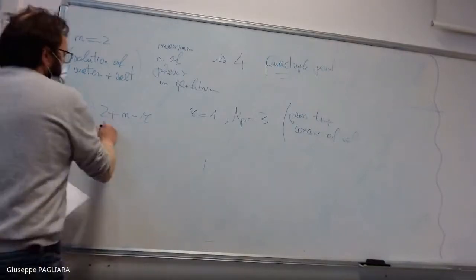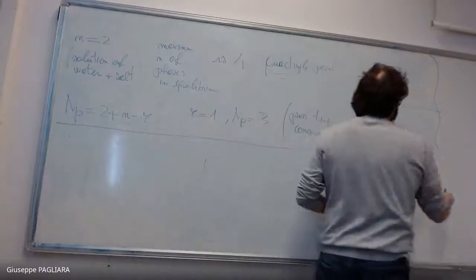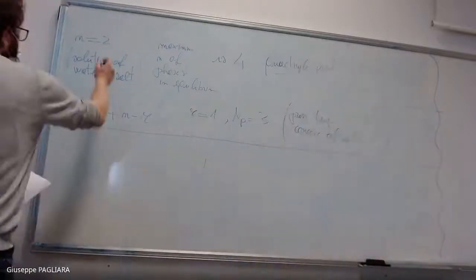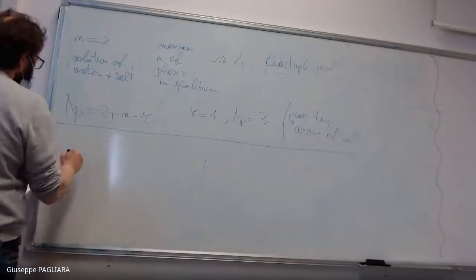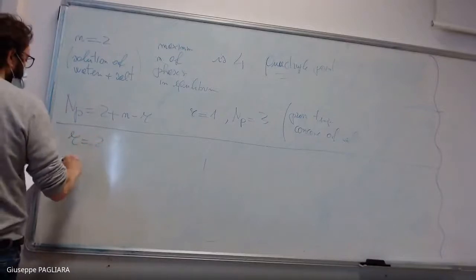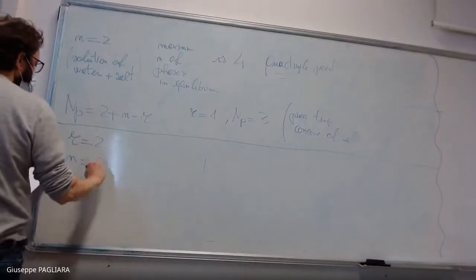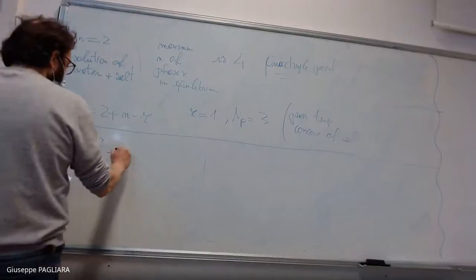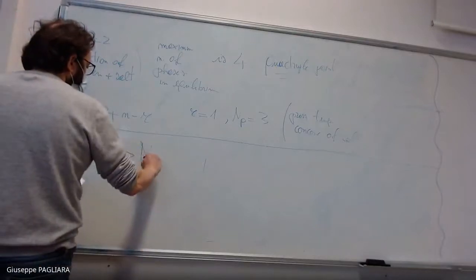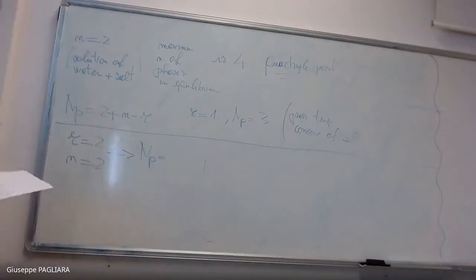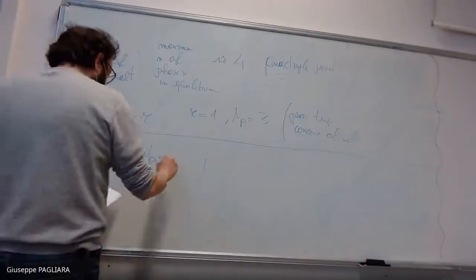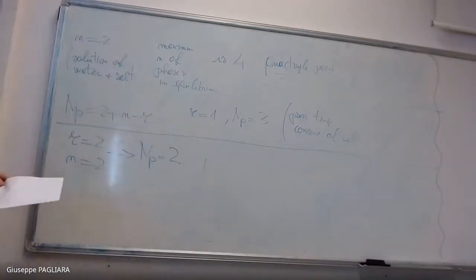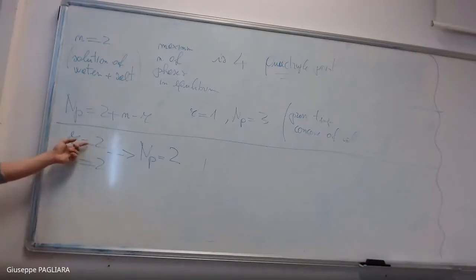Suppose that instead now we consider again 2 components, chemical components, and 2 phases. So r equal to 2 and n equal to 2. That means that the number of parameters is 2 for describing the coexistence of 2 phases.